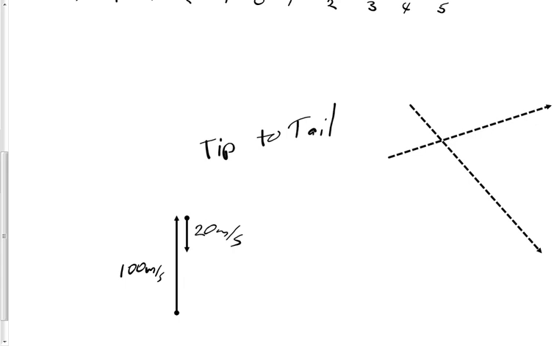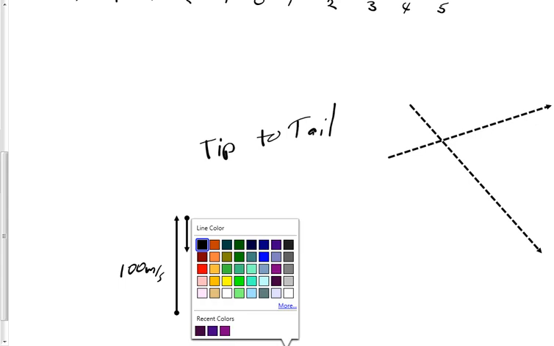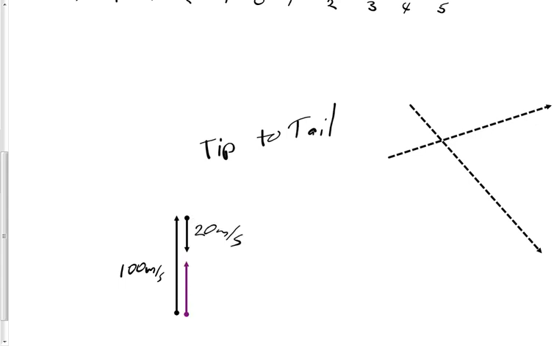Then how fast is the plane flying relative to the ground? Well, we would have to draw our resultant, and that would give us a value of 80 meters per second relative to the ground.